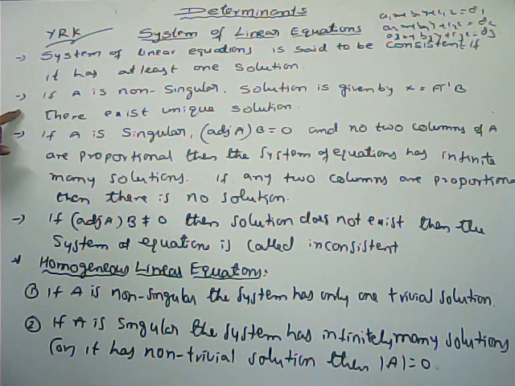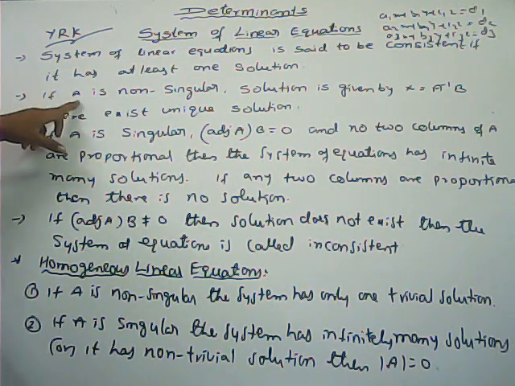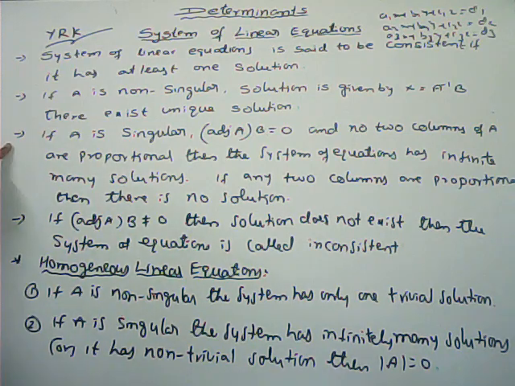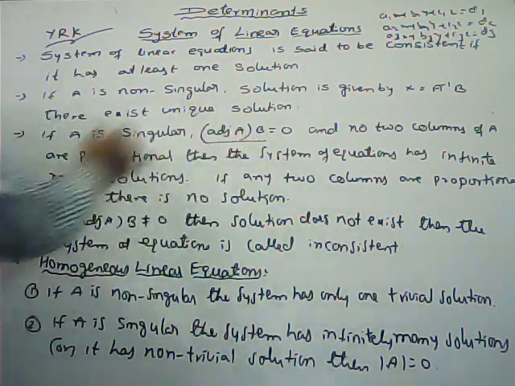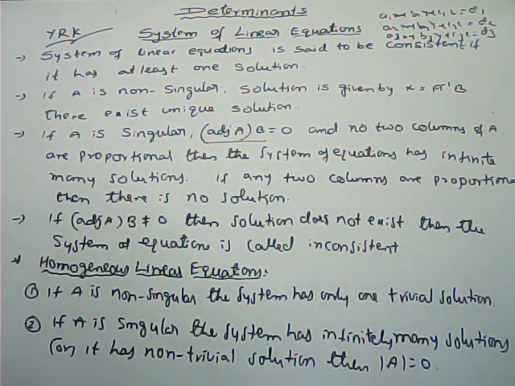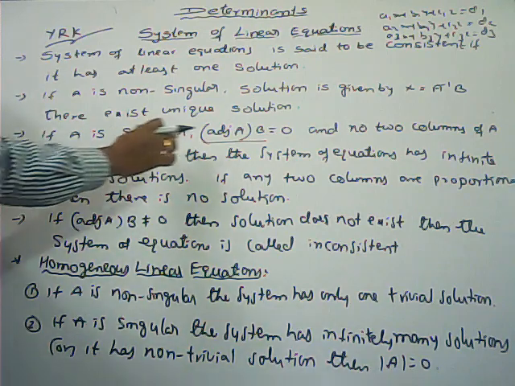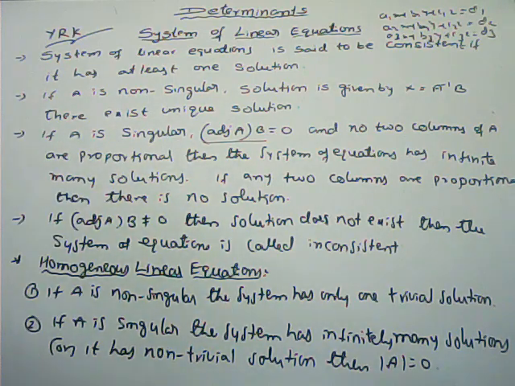If A is non-singular, the solution is given by x equals A inverse B, and there exists a unique solution. If A is singular, find the product of adjoint of A into B. In the previous video class I uploaded how to find the adjoint of a given square matrix.